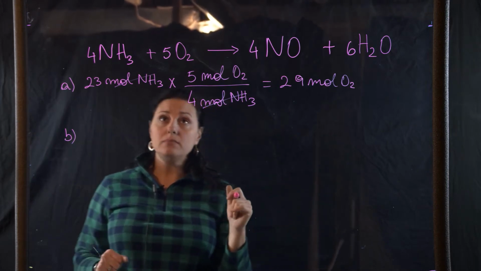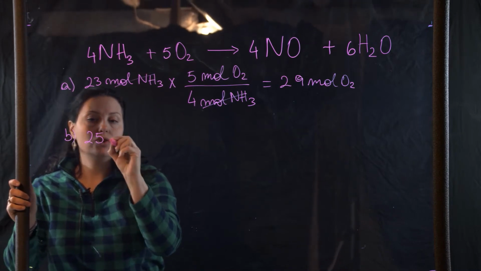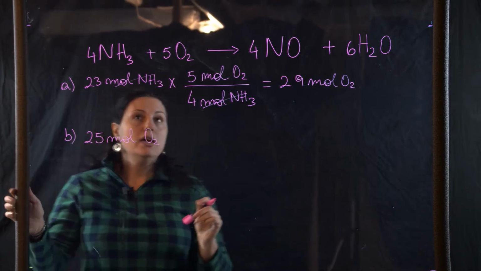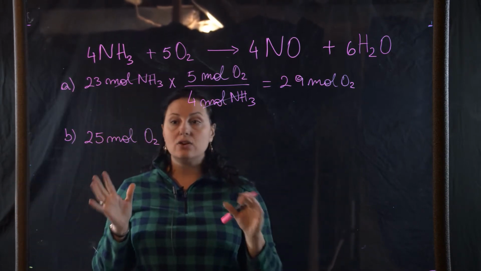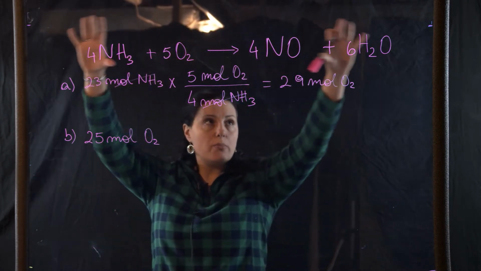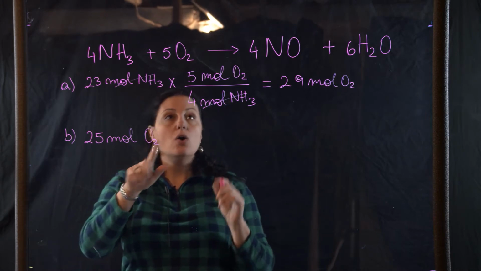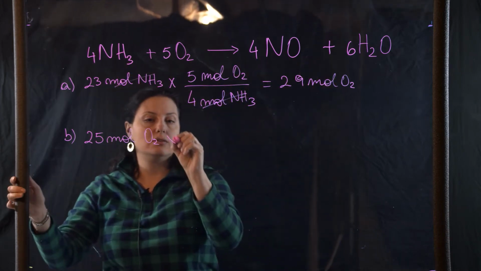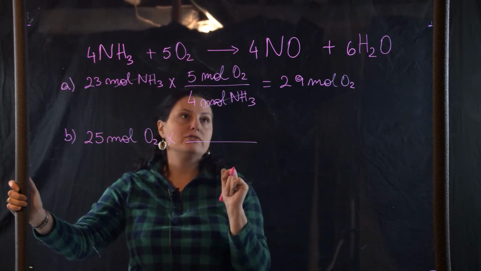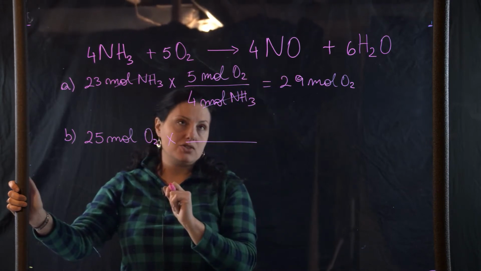I have 25 moles of oxygen, so I start with that number. Now, when I need to convert from moles of something to moles of another substance, I go back to the balanced chemical reaction. I set up my conversion factor in such a way to cancel my moles of oxygen.